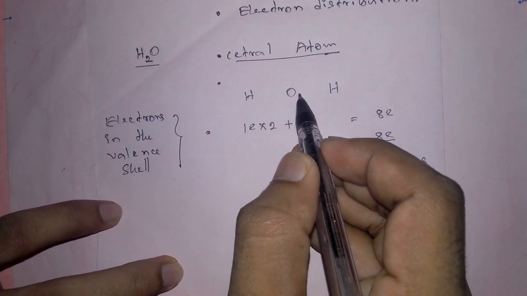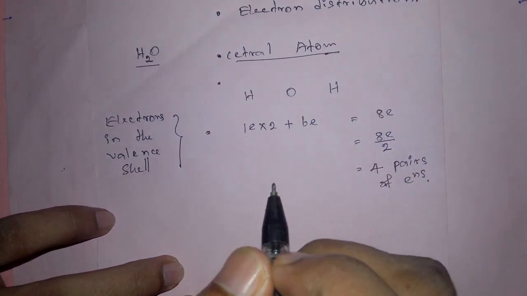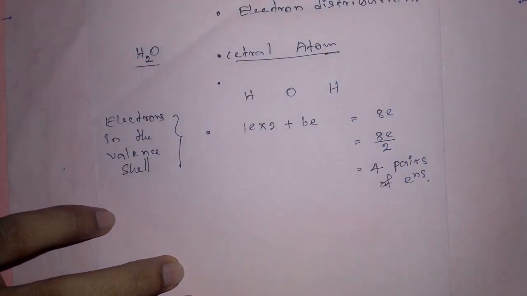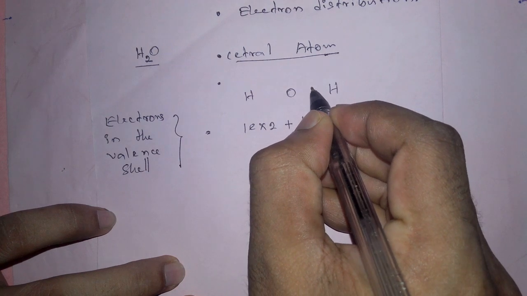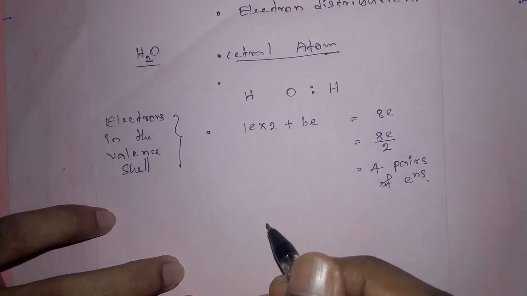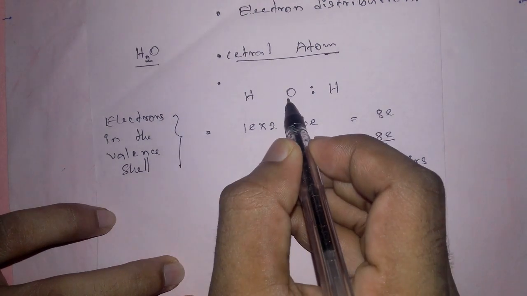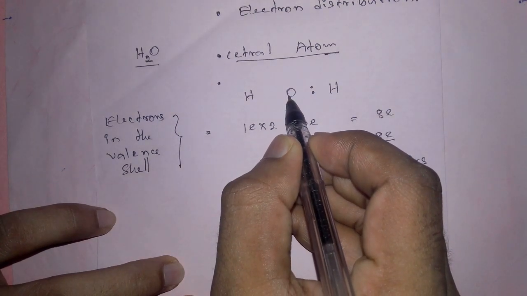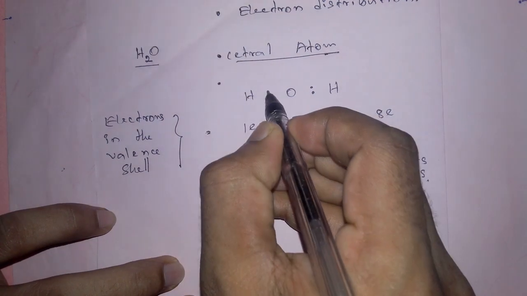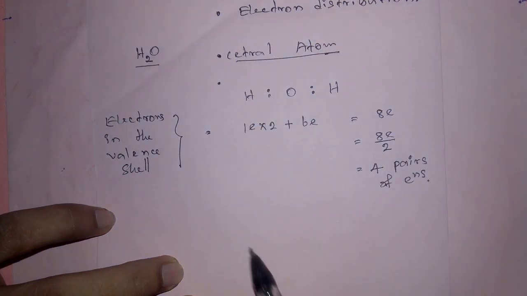A single bond means one pair of electrons like this, and the other bond we can form between hydrogen and oxygen like this.